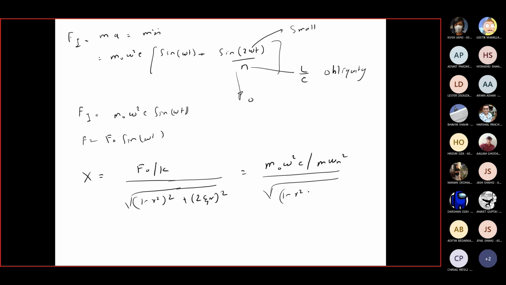Taking M0 e by m on one side, and omega by omega n square is r square, I can write this equation as X divided by M0 e by m is equal to r square upon square root of (1 minus r square) whole square plus (2 zeta r) whole square.